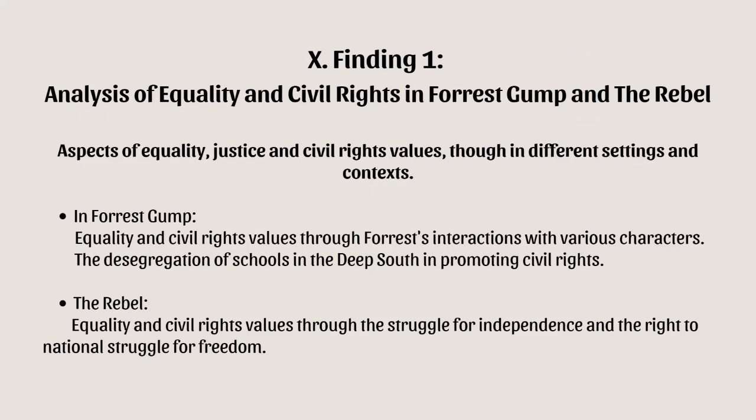This friendship highlights the idea of equality and the breaking down of racial biases. Forrest also becomes involved in the desegregation of schools in the Deep South, showcasing his role in promoting civil rights.